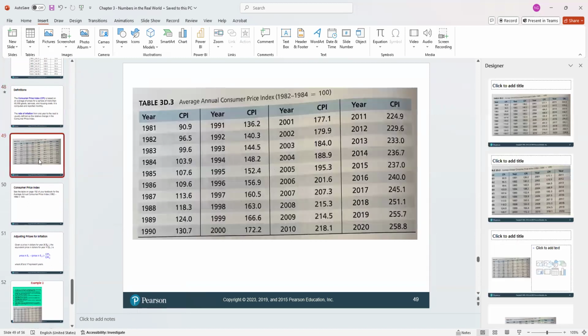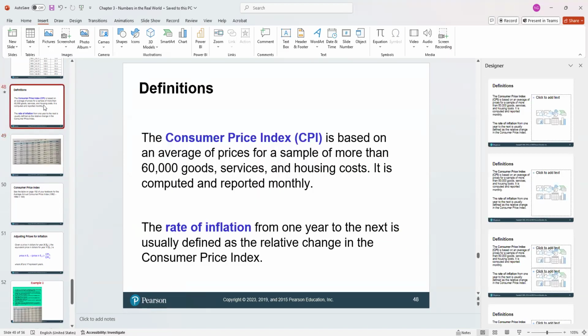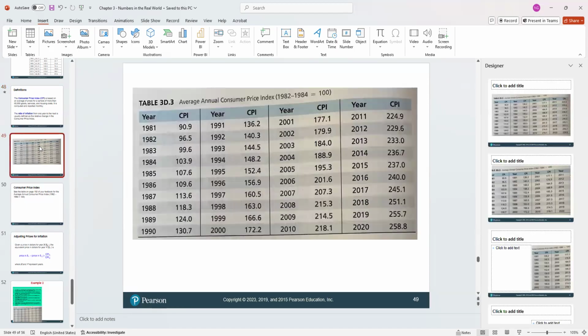This table, the average annual consumer price index over 40 years, covers 1981 to 2020, as you can see.